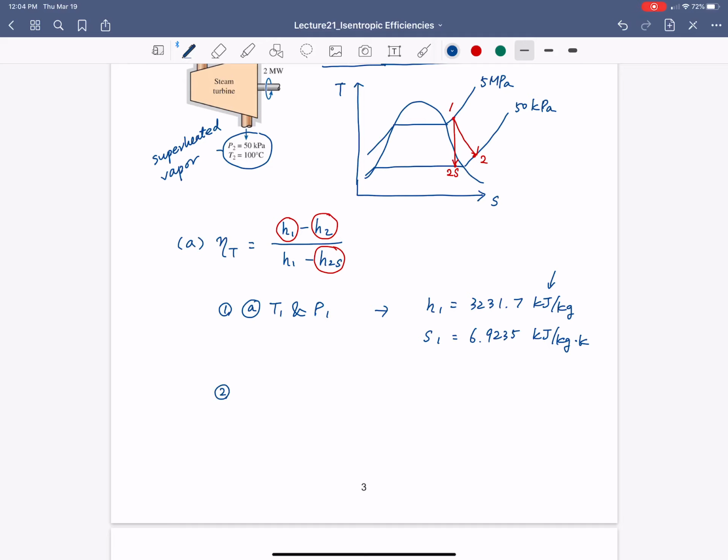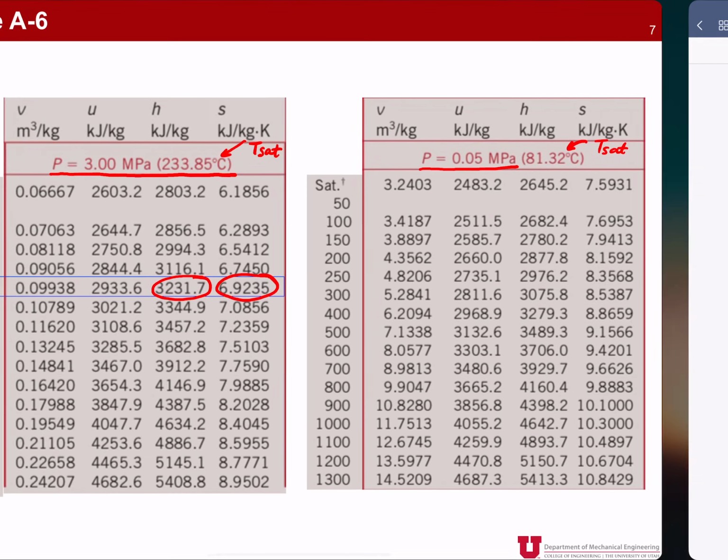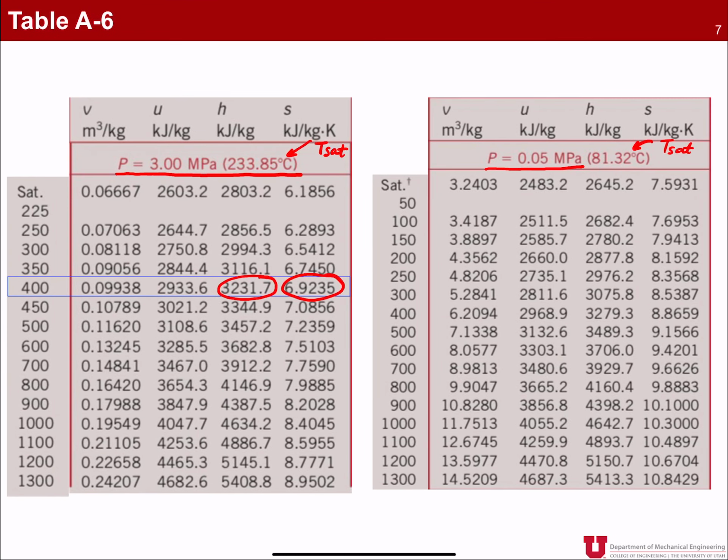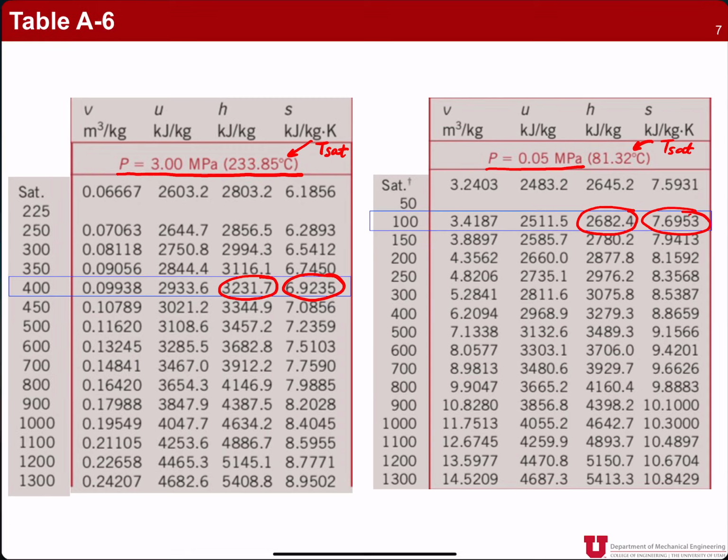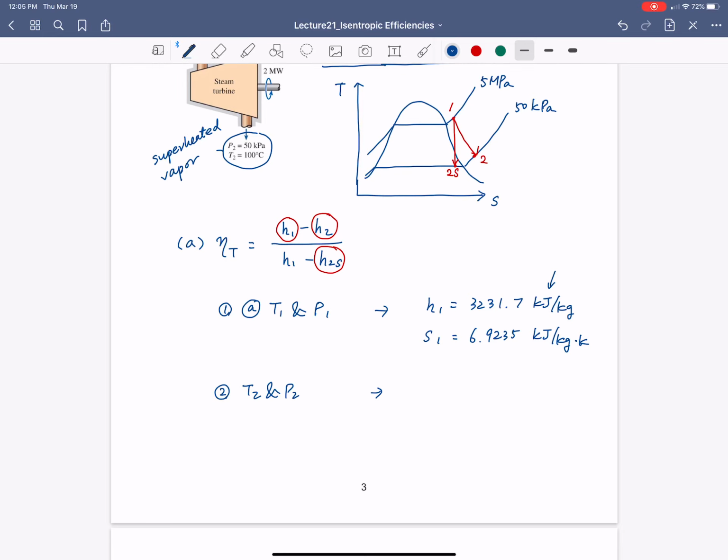Now, how about at T2 and P2? Same thing, by using table A-6 at 100 degrees Celsius, we also have those values at 2. Okay, let me write it down. H2 equals 2682.4 kilojoule per kilogram.